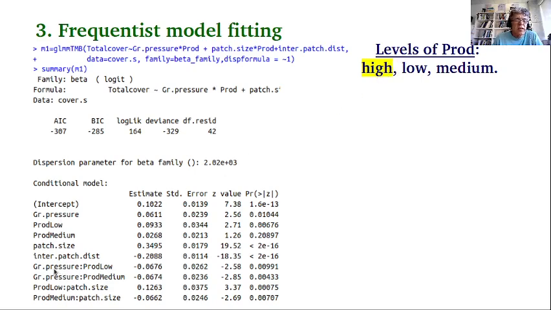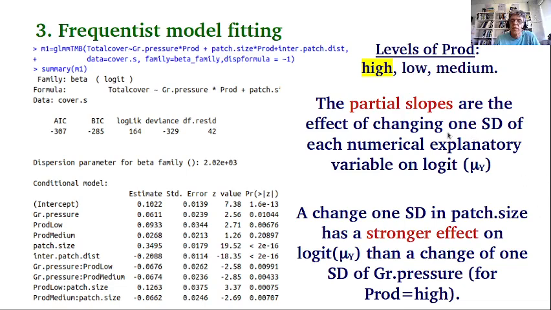And here grazing pressure low and grazing pressure medium correspond to the differentials of slopes of the other two levels of productivity and the logit of the mean of the response variable for the other two levels of these numerical explanatory variables. This p-value here says that these differences of slopes happen to be statistically significant.